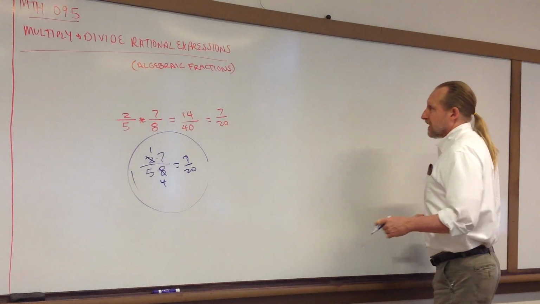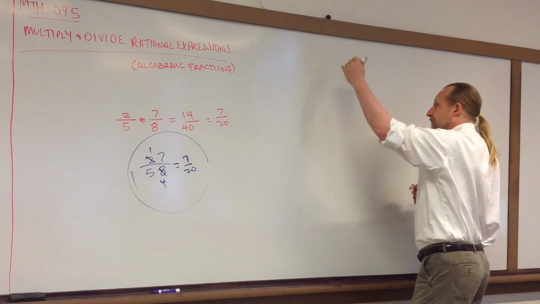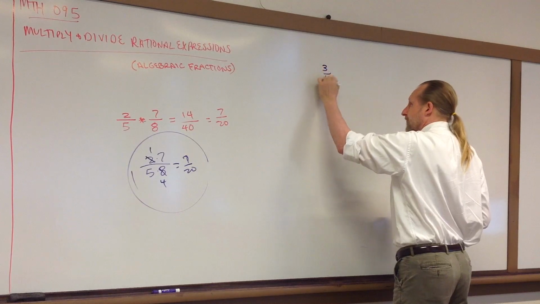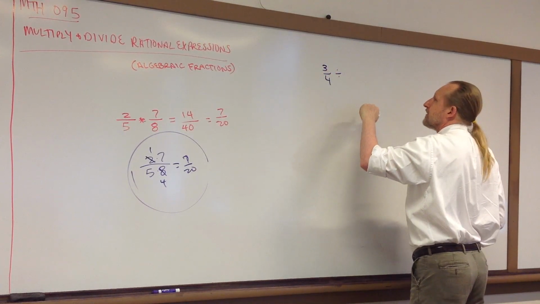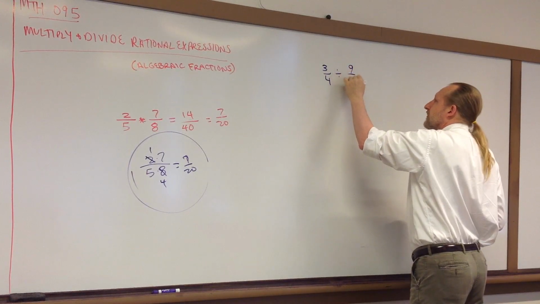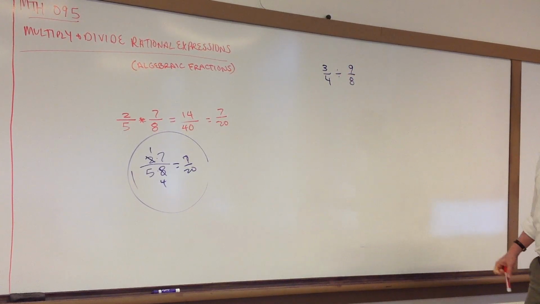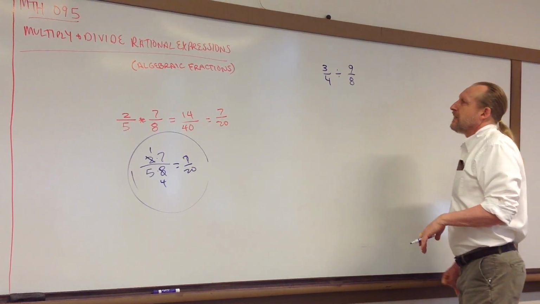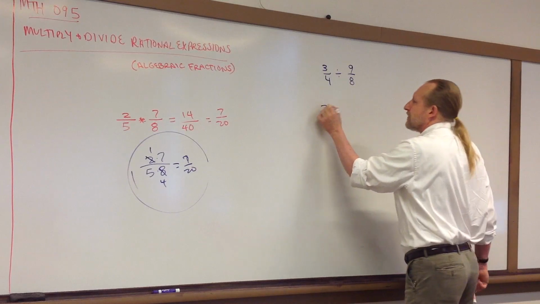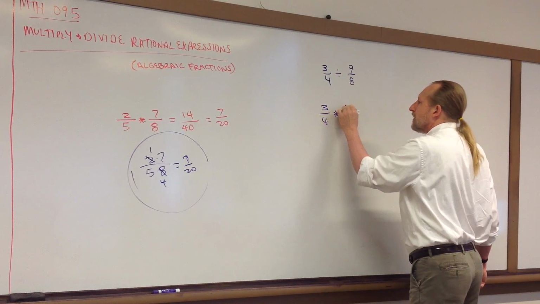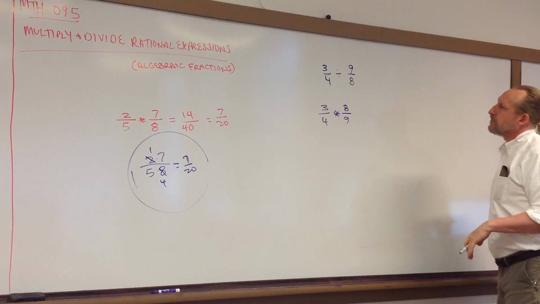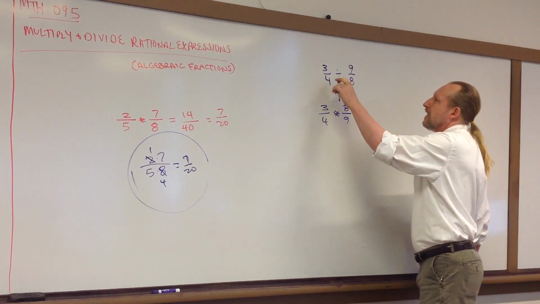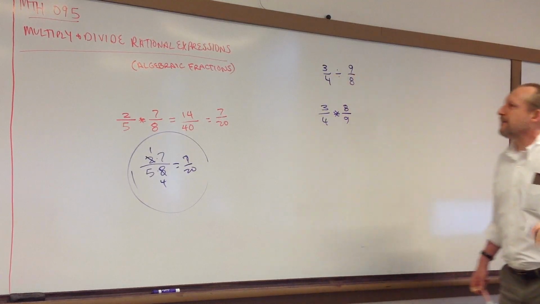Dividing fractions, let's say we wanted to do 3/4 divided by, let's say 9/8, something along those lines. So the rule that is always taught for dividing fractions is to multiply by the reciprocal, or as a lot of people say in middle school and so forth, they say keep, change, flip, right?